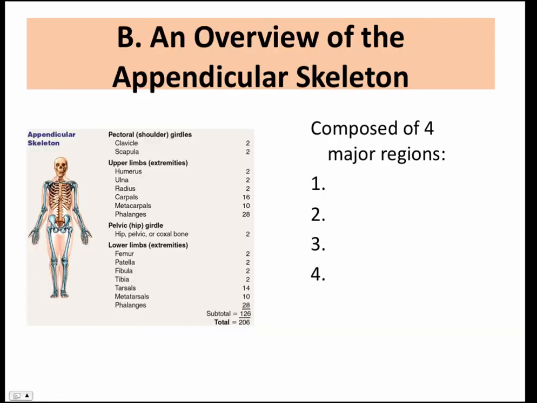Now let's look over the appendicular skeleton. And this is composed of 4 major regions. We have the pectoral or shoulder girdle. This involves the clavicle and the scapula. Next region we have are the upper limbs. This involves the humerus, the ulna, the radius, carpals, metacarpals, and the phalanges.